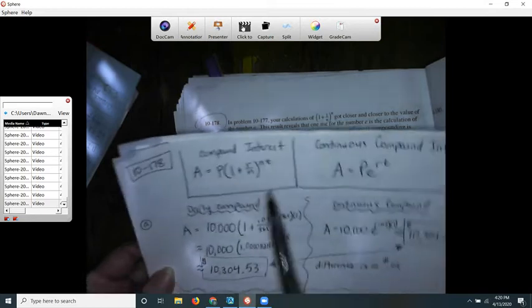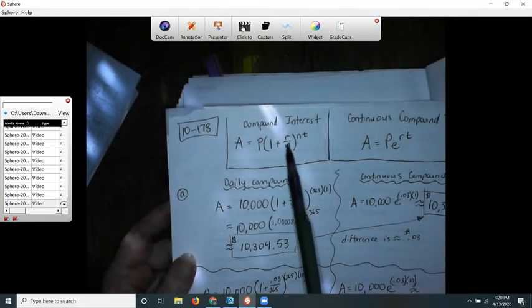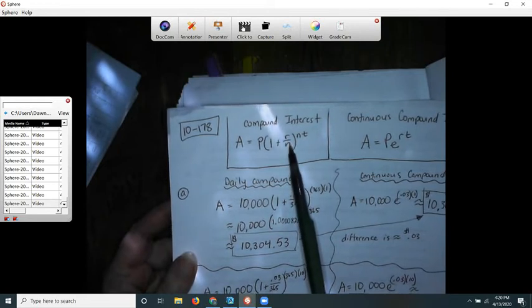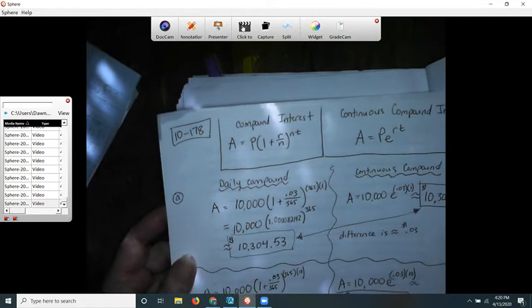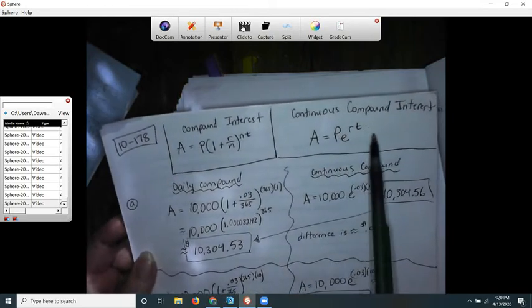All you're doing is plugging numbers into these two formulas. This is the one you would use for daily compounding. You would put 365 in for n, because that's how many days are in a year. Monthly compounding, you would put in 12, because there are 12 months in a year. This is your formula for continuous interest.